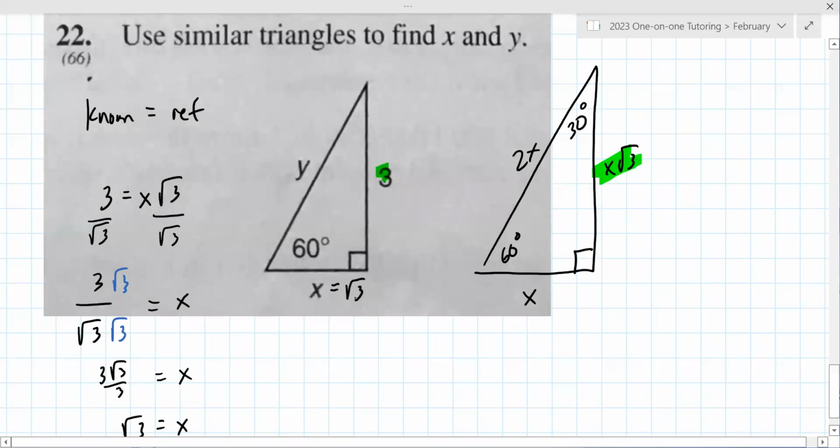It just happens to be the same. And sometimes these are better stated in words. So if you have the short leg, the hypotenuse is double the short leg. Double the short leg is 2 square root 3.